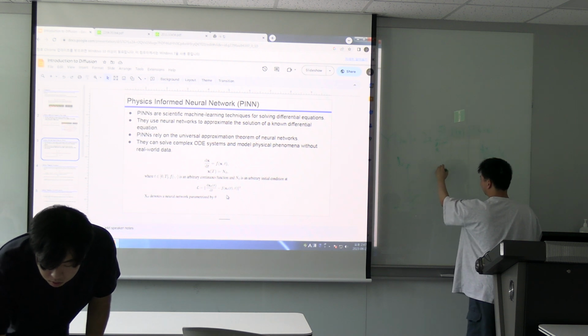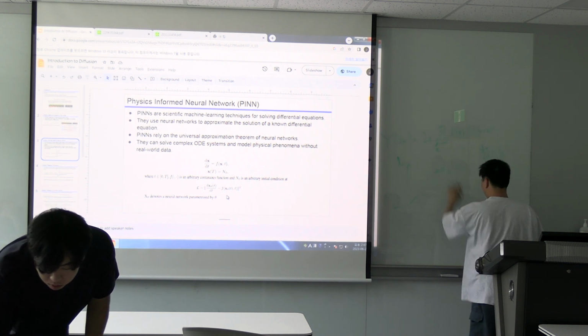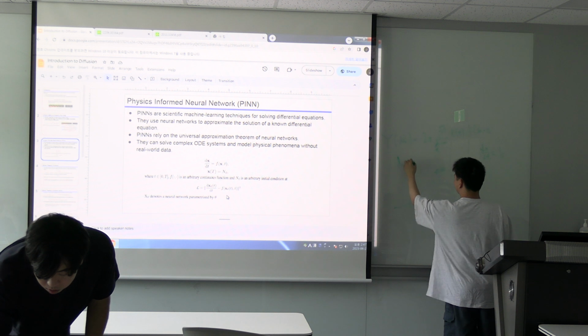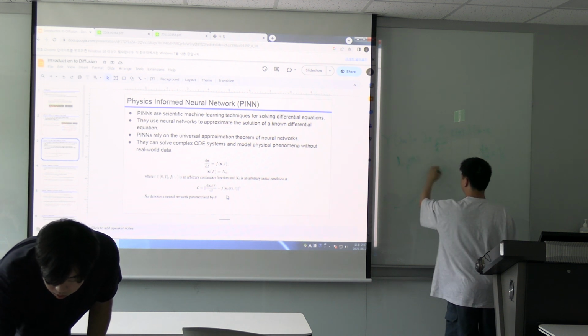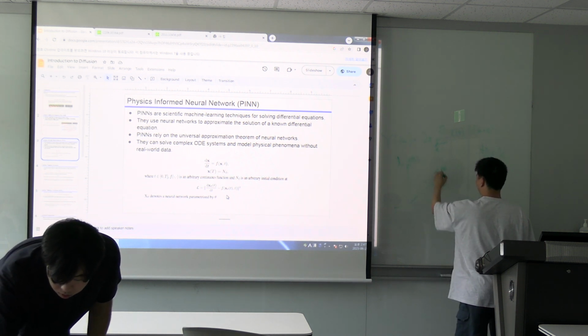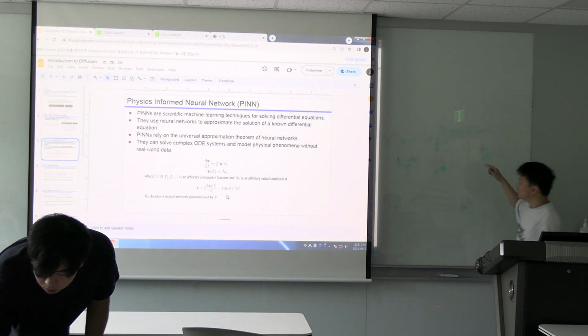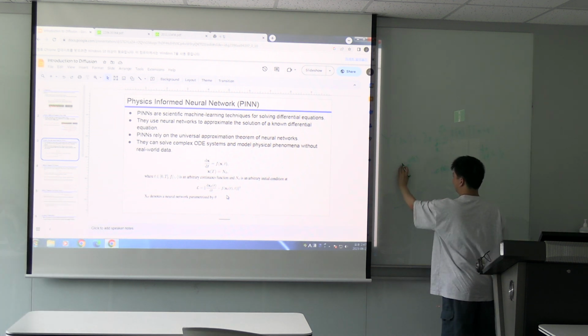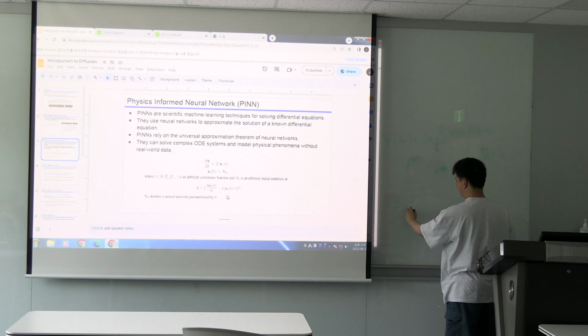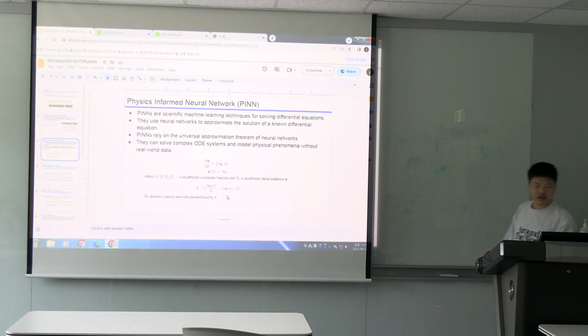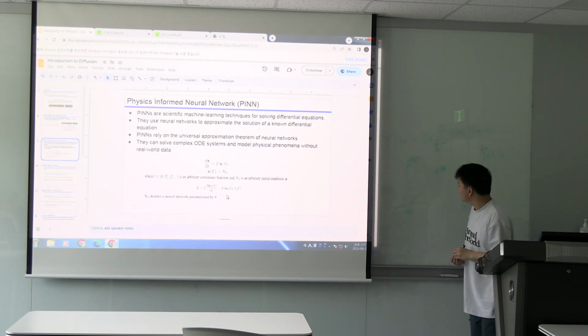Here's t, and this is f of t, the true f of t, a linear function like this. The initial condition is at time t equals 0, at 0. So this is the initial condition I set.